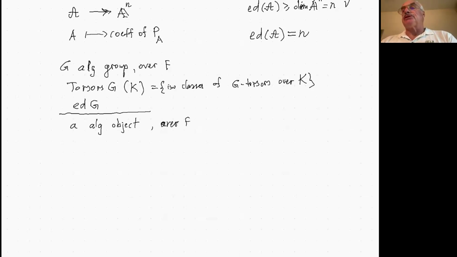So for any field extension K over F, we have an object A_K over the larger field K.